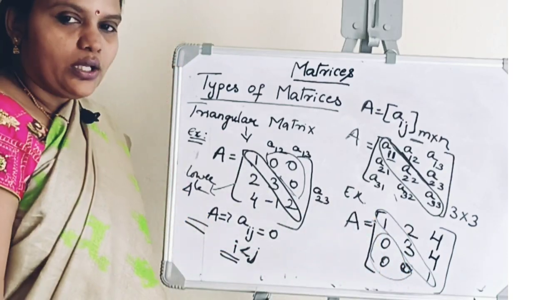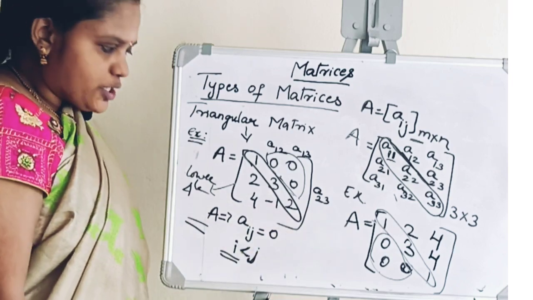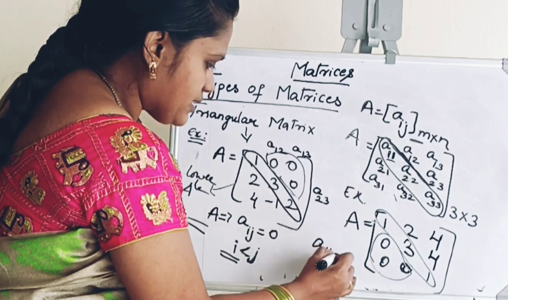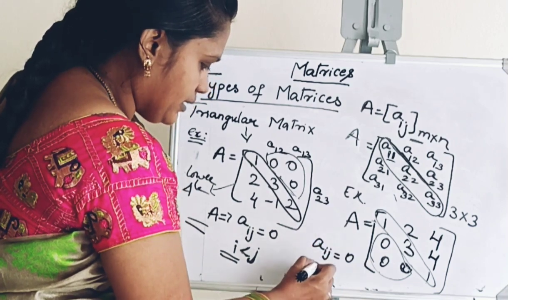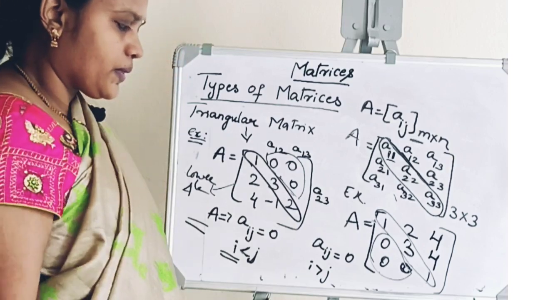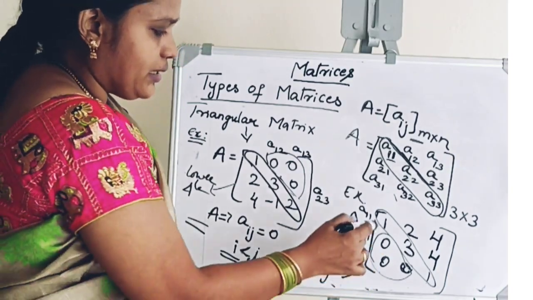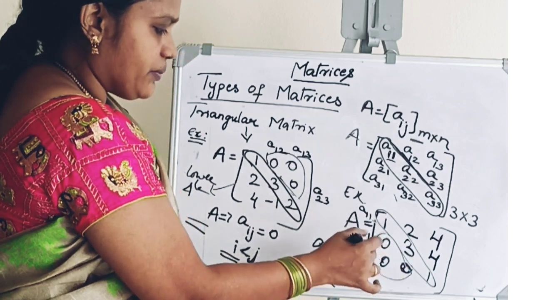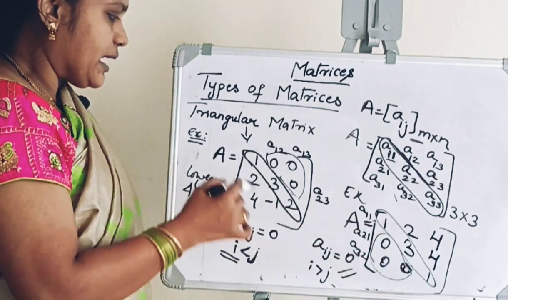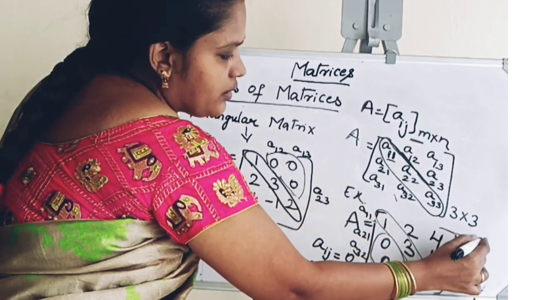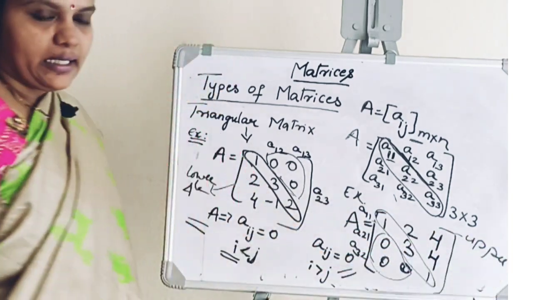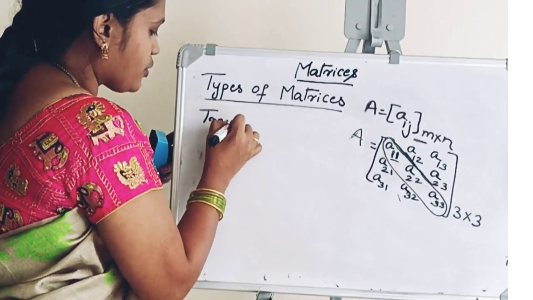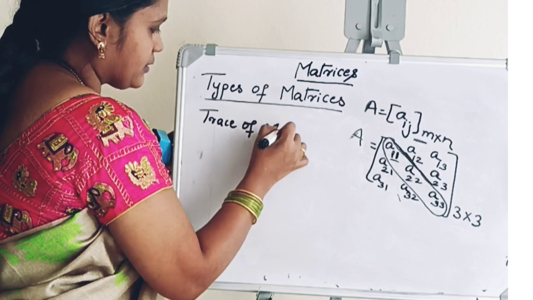All the entities in this part are 0. Such type of matrix, where Aij is always equal to 0 for i greater than j, where the portion below the principal diagonal elements is equal to 0, such a matrix we call an upper triangular matrix. Understood?